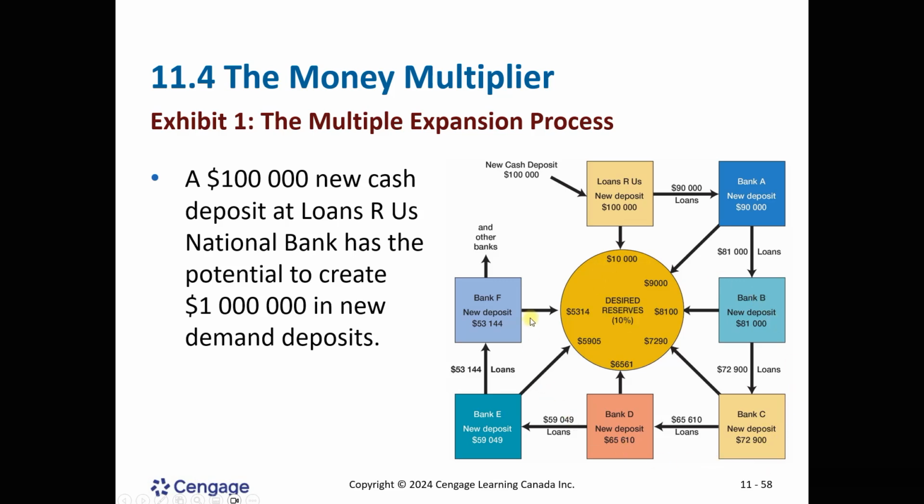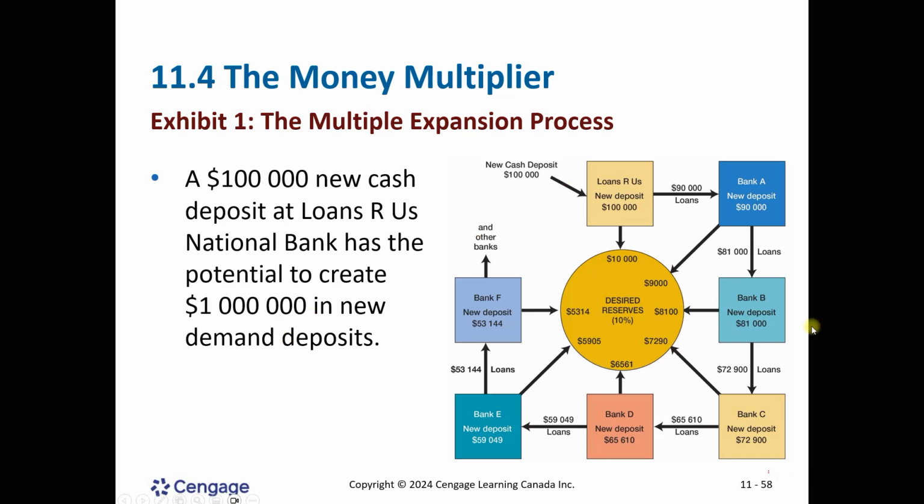So that is how the whole creation works. Here we are saying that a 100,000 new cash deposit at this particular bank has the potential to create 1 million in new deposits. If you go around adding this, 100 plus 90 plus 81 plus 72, by the time the cycle completes, you have $1 million, and that is what banks do.